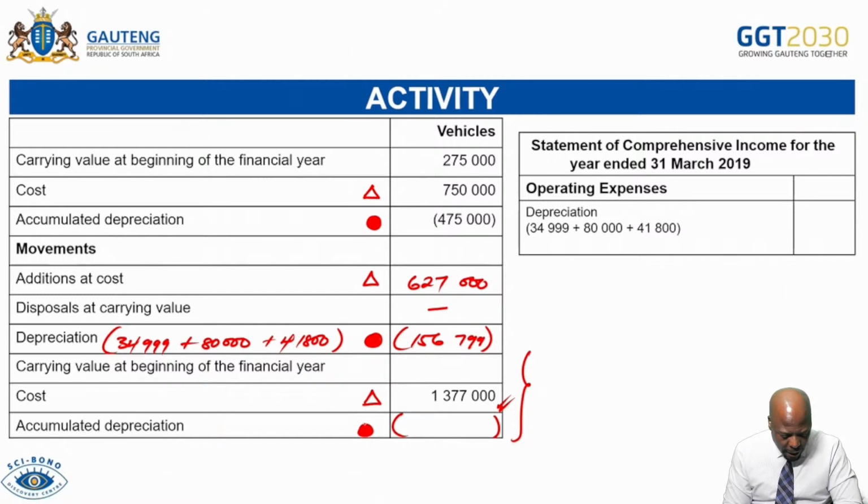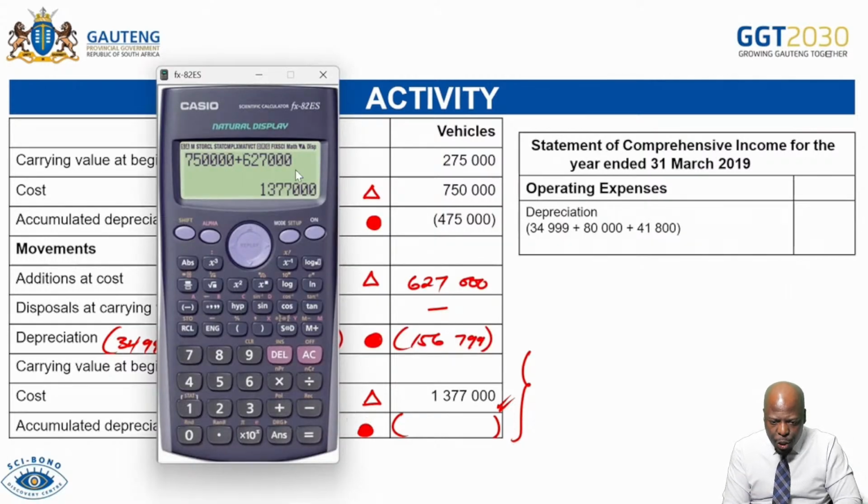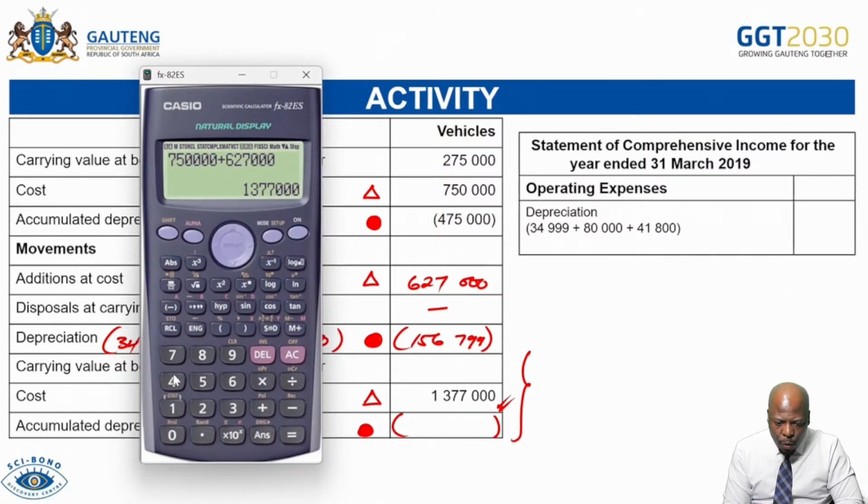Here's my adding machine. I'm now going to say 475,000 plus 156,799. That is going to give me 631,799.